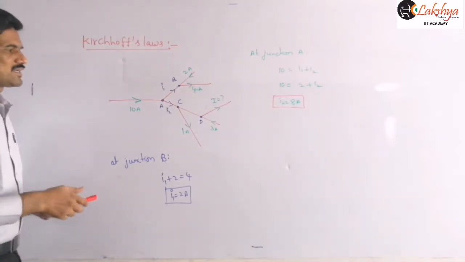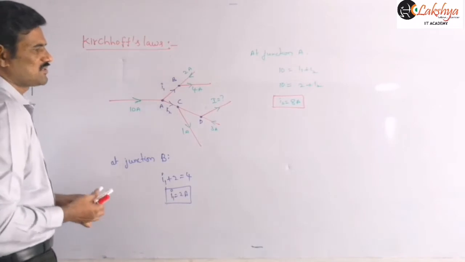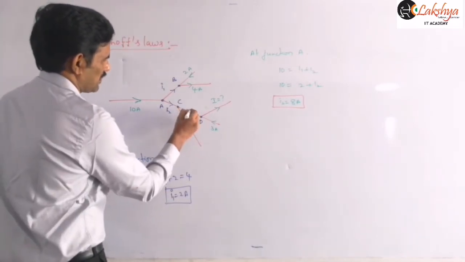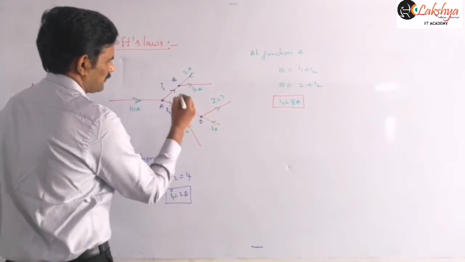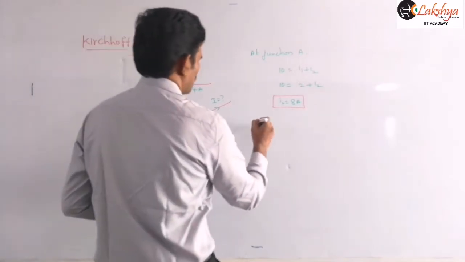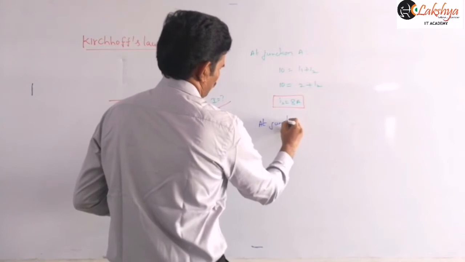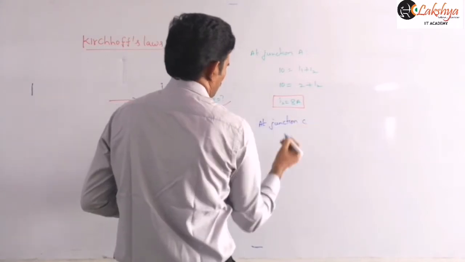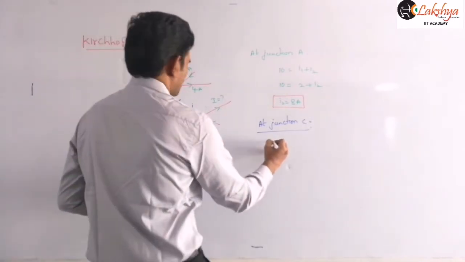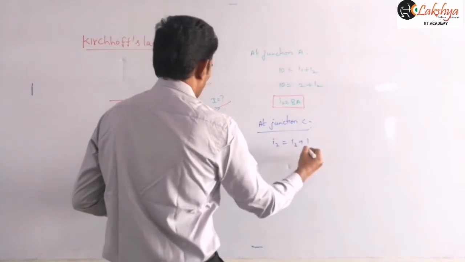So next let us consider the junction C. At junction C, suppose I am taking this current as some I3, right? So now let us apply the junction law at junction C. If I apply this first law here, then we can write I2 is equal to I3 plus 1.